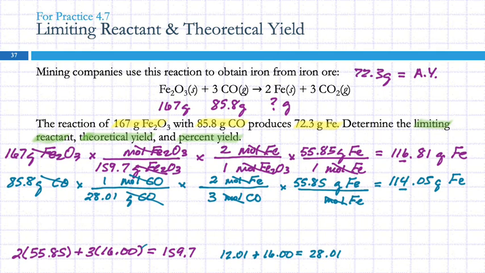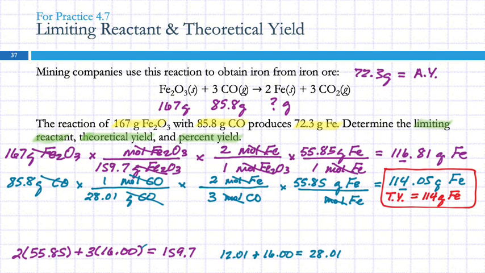What is my theoretical yield? 114. That's the smaller number. So my theoretical yield, rounded to the correct number of sig figs, is 114 grams of iron.